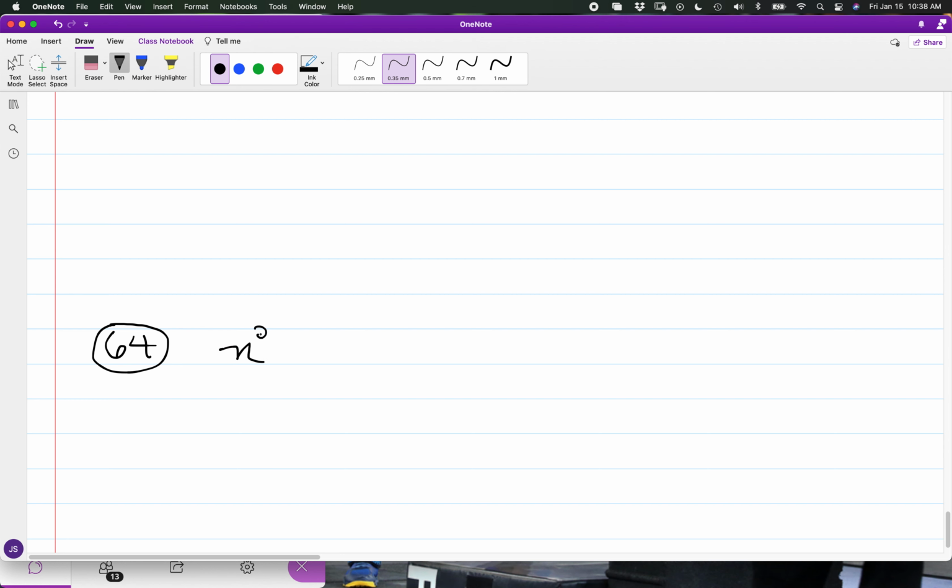So you have n squared plus 8n is equal to negative 3. And so we have a quadratic equation that is not yet in standard form. And just moving the 3 over by adding, we have n squared plus 8n plus 3 is equal to 0.